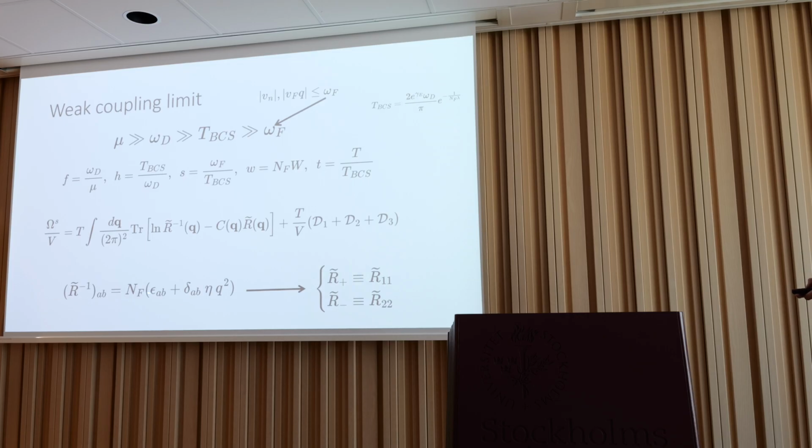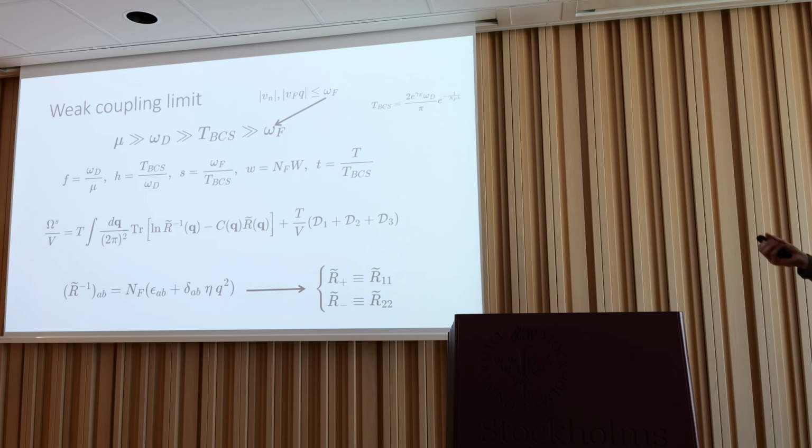Right? In general, this R should be a 2x2 matrix, because I now have two bosonic components. But I showed, not here, but in the paper, that the energy is minimized when this R is diagonal. So the off-diagonal terms, for example epsilon_AB or this R_AB, can be removed.